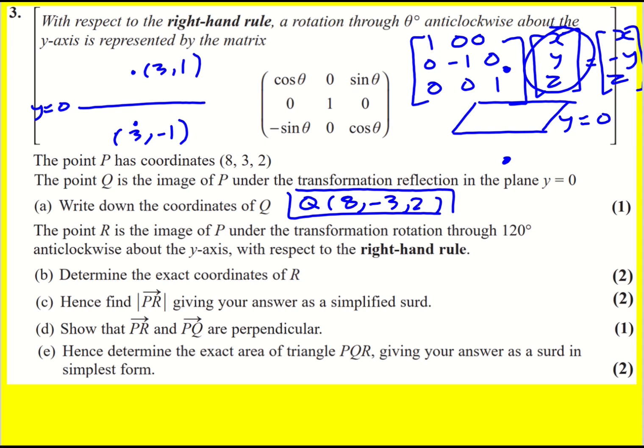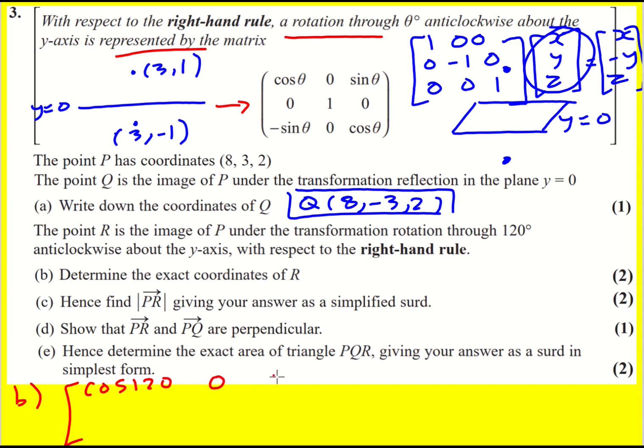Then we're told that the point R is the image of P under the transformation rotation through 120 degrees anti-clockwise about the y-axis, with respect to the right-hand rule. So we're given that above. Okay, so I want to find out what the coordinates of R is. So I'm going to just use the matrix up here, but replace all the thetas by 120.